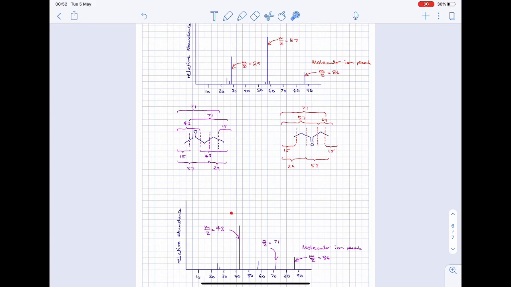And you can see that the prominent fragment ions are different for the two spectra, for the two different compounds. For A-level, you're not expected to work out which is which. So in the case of an A-level question, if they do ask you which of these two compounds form this spectrum, you just say that both of these can form that spectrum. You're not expected to be able to work out for the A-level which is the more likely one to form this spectrum.